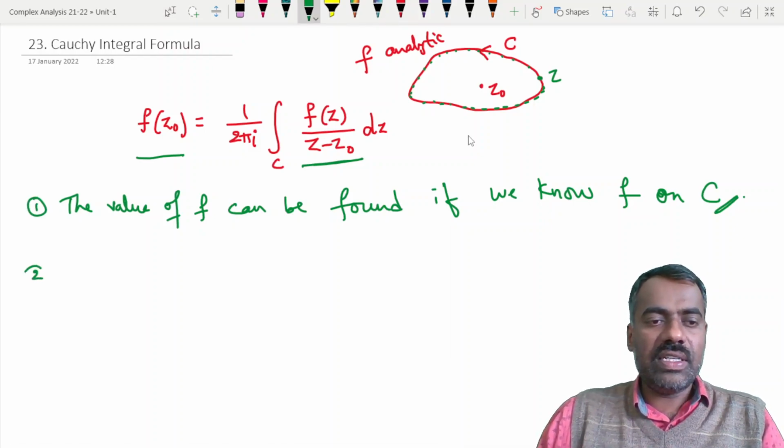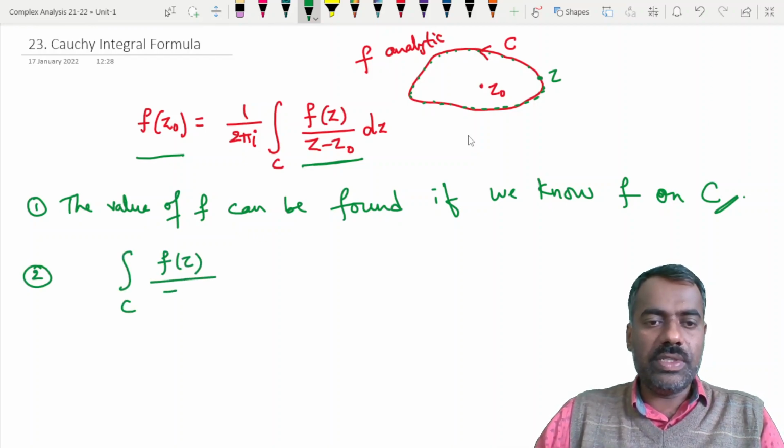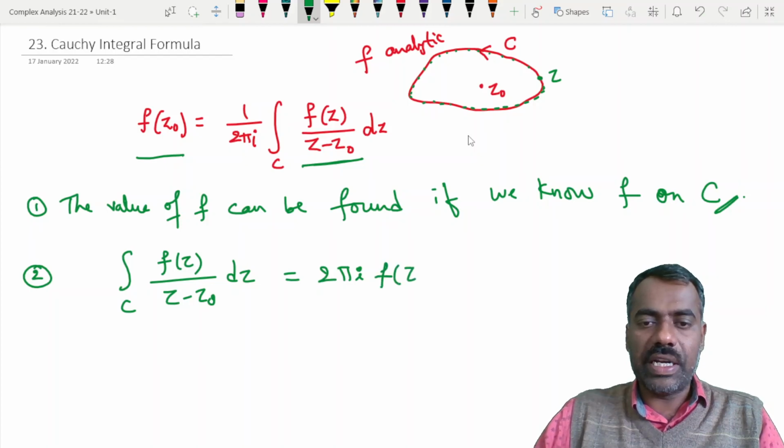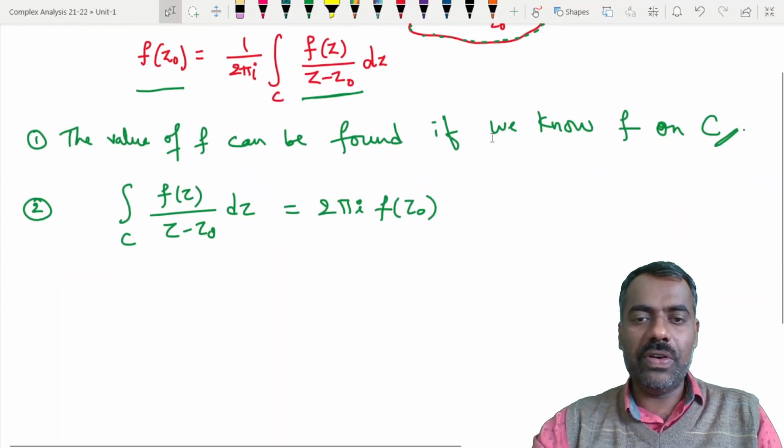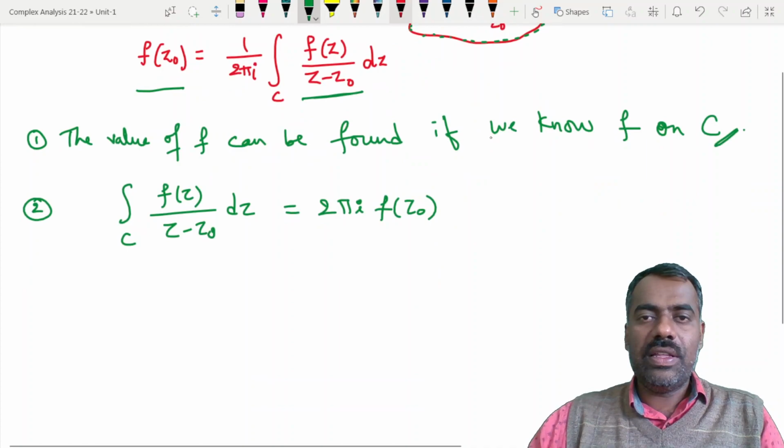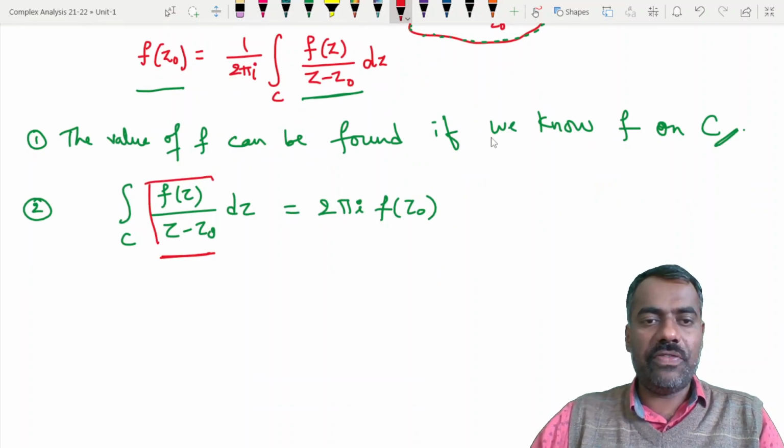The second way is that if you write this in another way, the integration over C of f of z upon z minus z naught dz is equal to 2 pi i times f of z naught. Now, the left hand side is the integration of the function f of z upon z minus z naught.